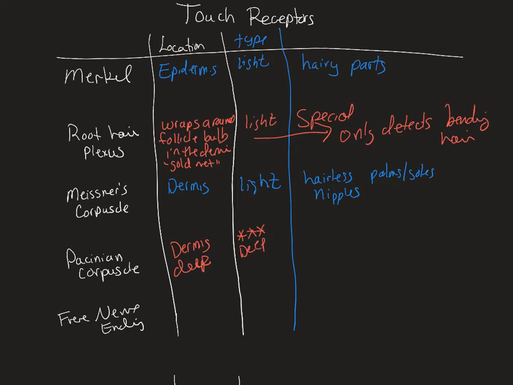Let's just actually simplify it. I'm running out of space to write, and here I didn't make my boxes big enough. So we're going to say pressure and vibration. Okay, so very, very different. They cannot do distinct, defined, fine interpretation of touch. They do gross, big, vibrating, deep pressure.